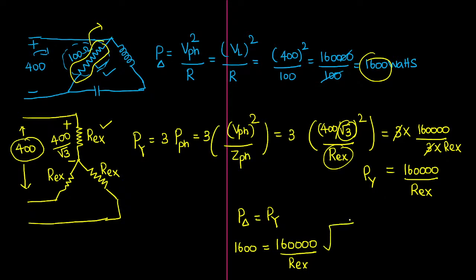So from here the resistor value will become 160,000 upon 1600. Two zeros get cancelled, 16 gets cancelled. So finally the value of REX became 100 ohm.